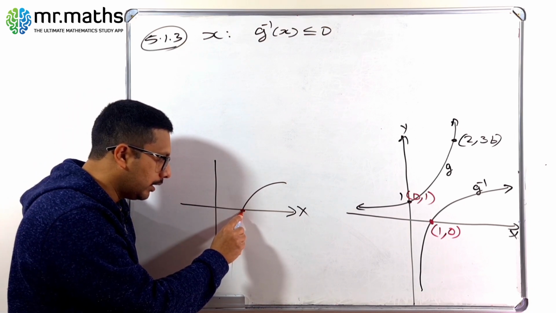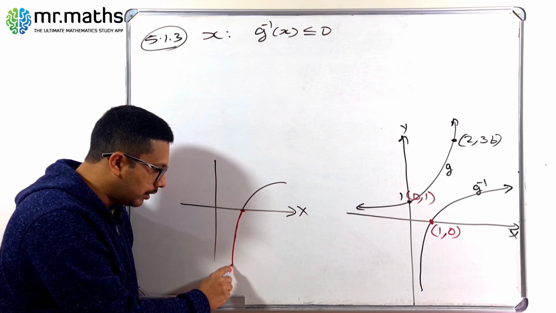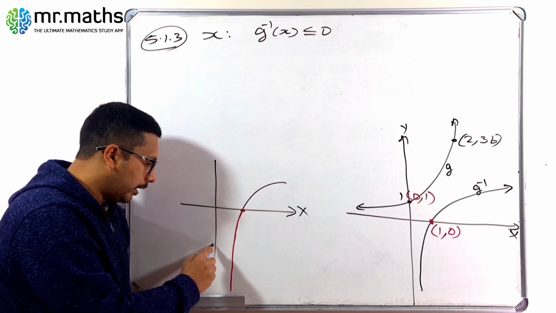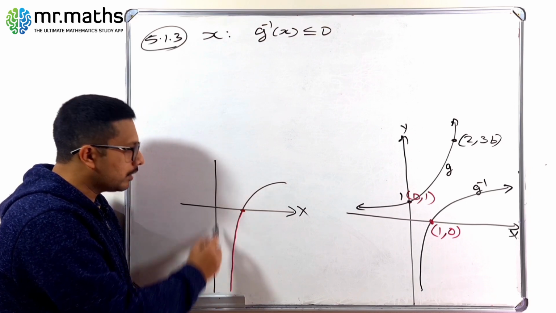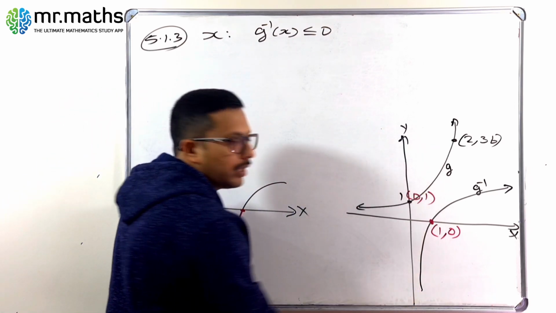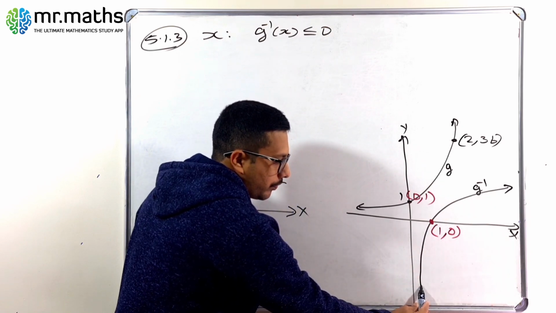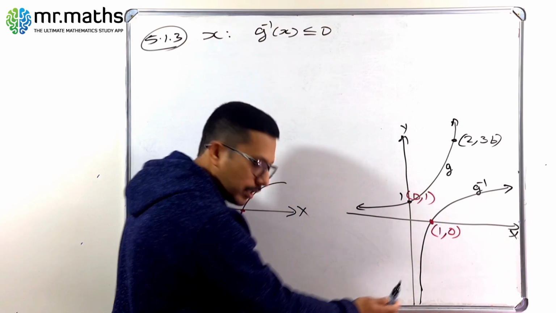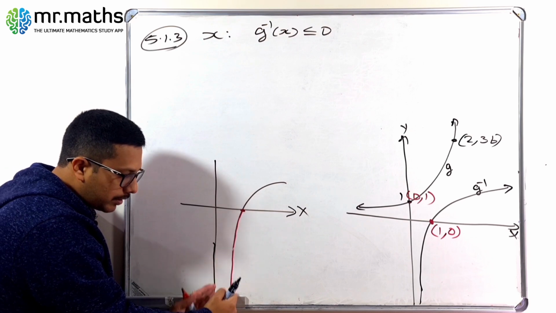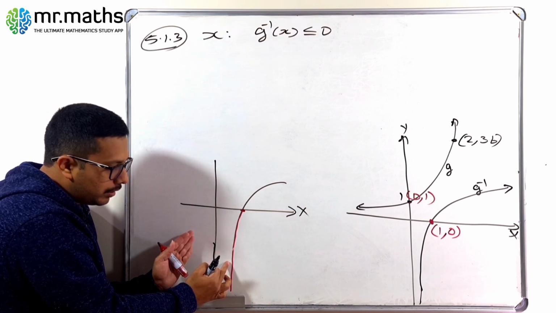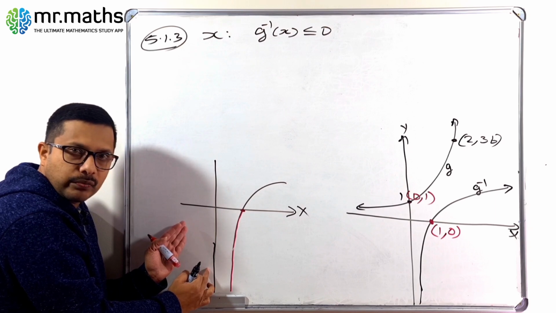Here you can see the graph is below the x-axis from there. At the same time, this y-axis is an asymptote for this logarithmic graph, the G inverse graph. It won't touch the y-axis, it keeps going down, and it never touches it.